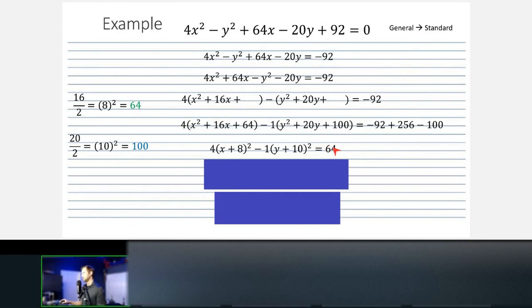I'm trying to think, is it even possible to ever have that negative? It is possible in a certain situation, but I'm not going to talk about it. But the module shouldn't give you that situation. I can't think of a situation where that can happen, but it shouldn't ever in this class.